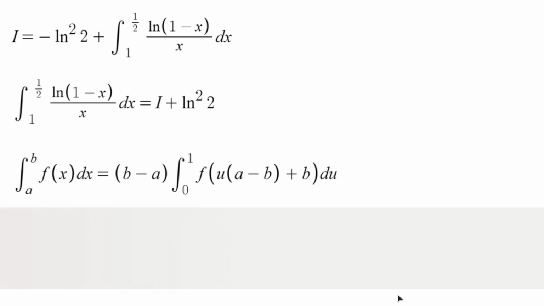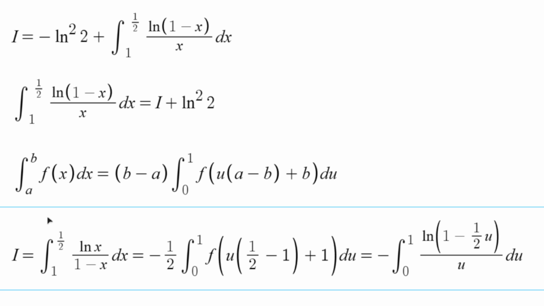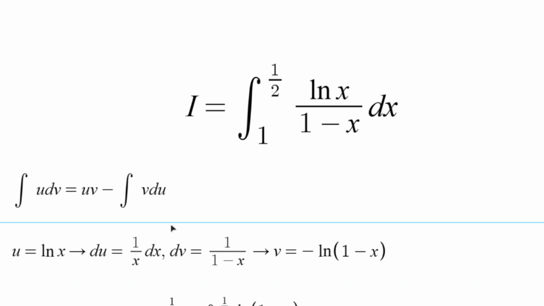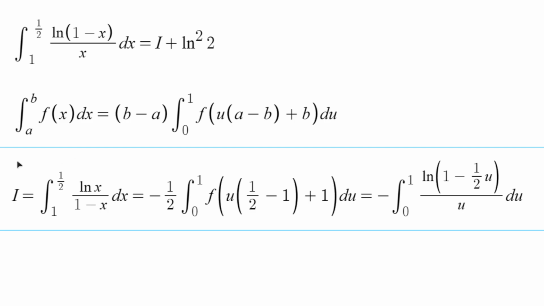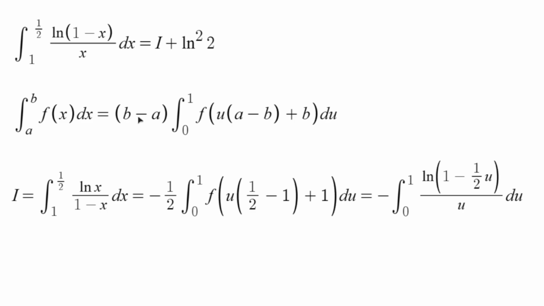So applying that to our original expression for I, don't forget our original expression for I was this. So we're going to apply that substitution to our original expression for I. And if you plug in everything, you'll see that this integral using this formula will transform into this.